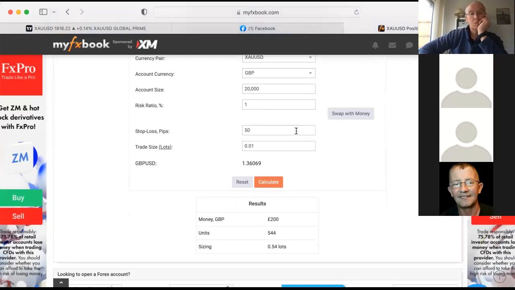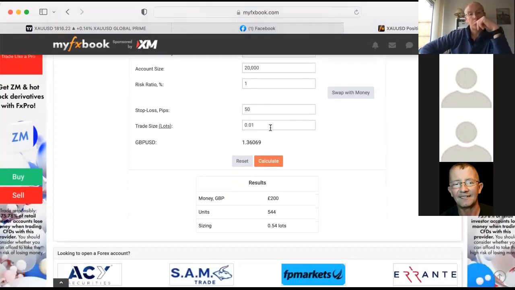You've got a stop loss of 50 pips, and your trade size must change to 0.01. Calculate, and it'll tell you 0.54. So I would say that's absolutely crucial. If you don't change this, you'll end up with 5.4.